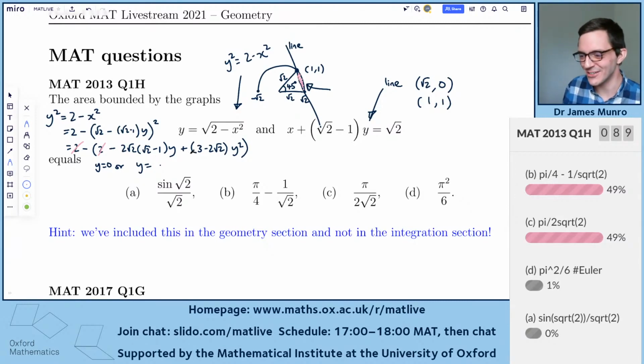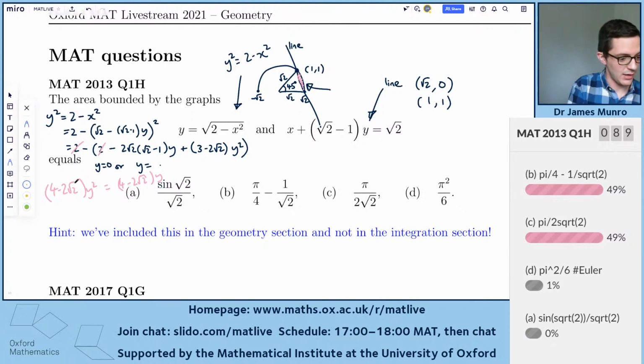It's all fine. So over here, I'm going to get 4 minus 2 root 2 y squared on the left when I add this on, because of this minus sign around this bit of y squared term. And on the right, I'm going to get minus 4 minus 2 root 2 y. So I sort of saw that coming, and then that's either y equals 0 or 4 minus 2 root 2 cancels out, y equals 0. Okay.